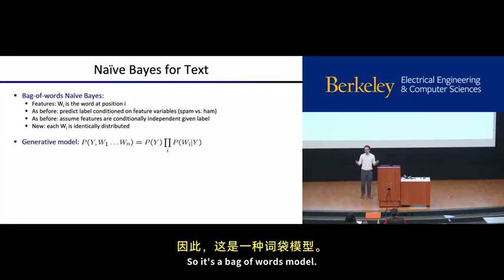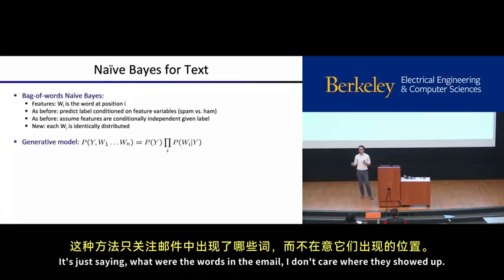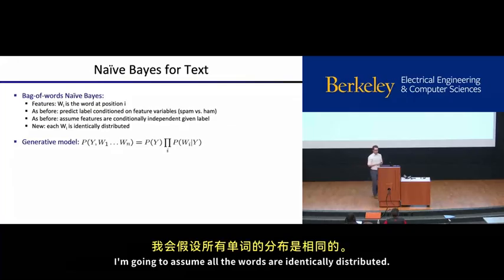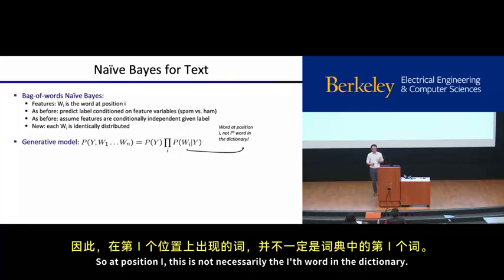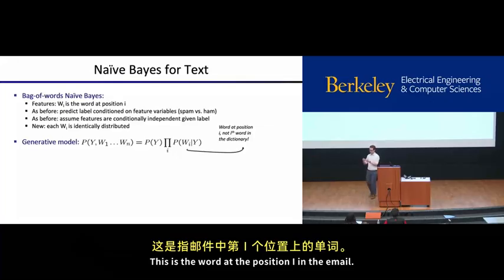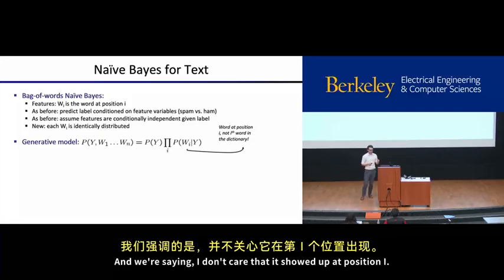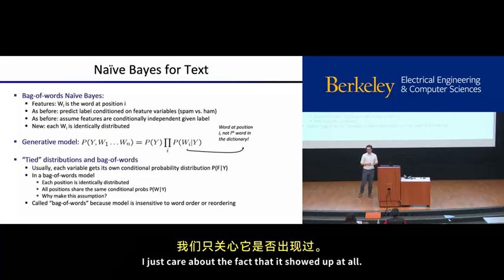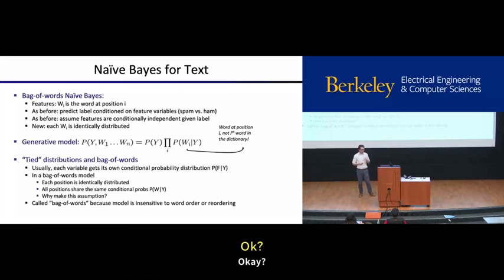So it's a bag of words model. It's just saying, what were the words in the email? I don't care where they showed up. I'm going to assume all the words are identically distributed. So at position i, this is not necessarily the ith word in the dictionary. This is the word at position i in the email. And we're saying, I don't care that it showed up at position i. I just care about the fact that it showed up at all. Okay?